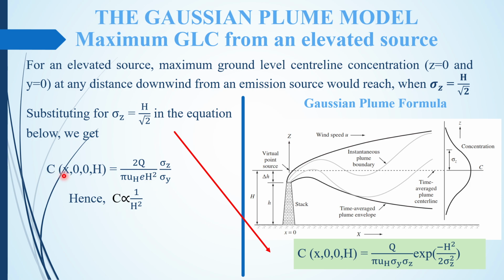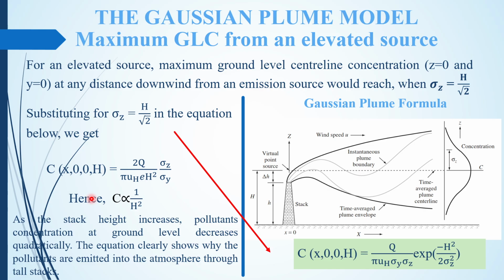So here you can see that all things are actually constant except h. So here the concentration C is inversely proportional to the square of height. So as the stack height increases, pollutant concentration at ground level decreases quadratically.